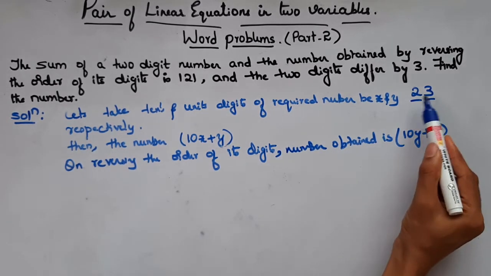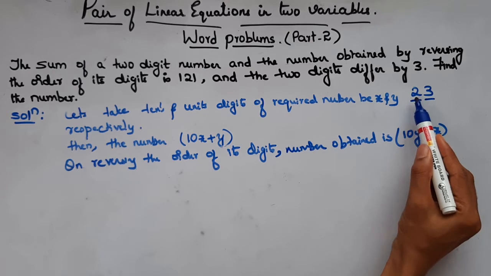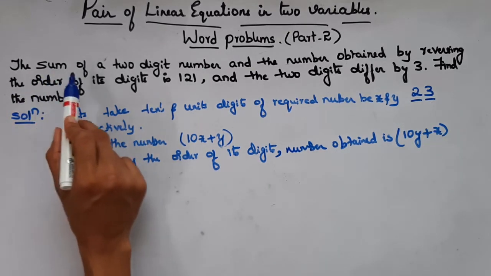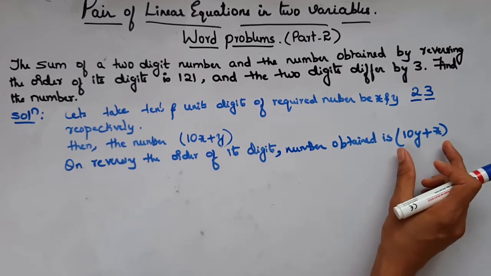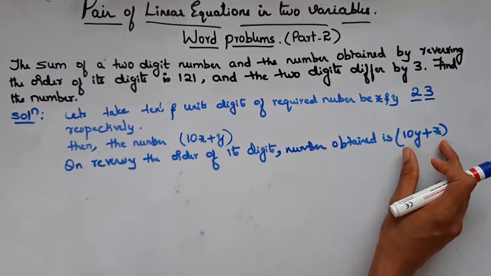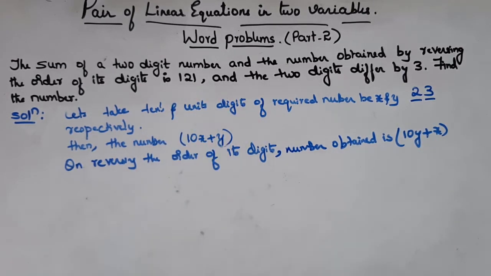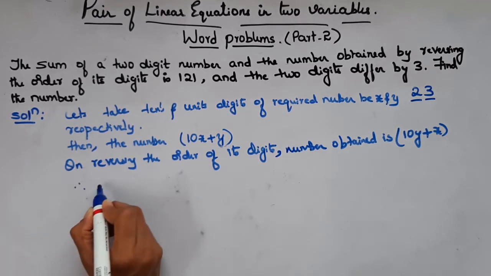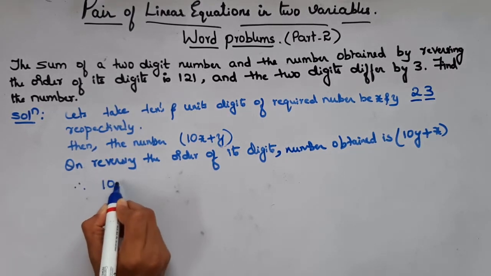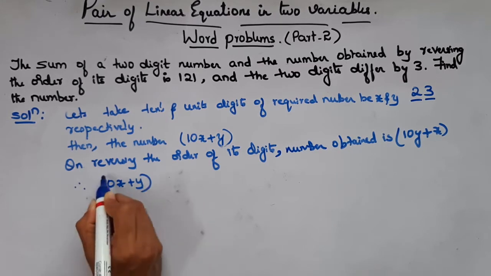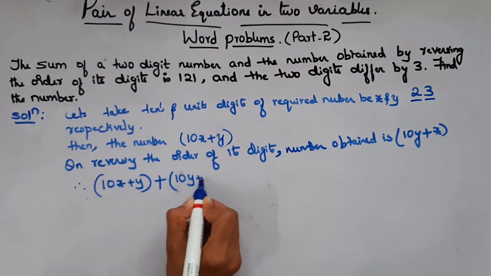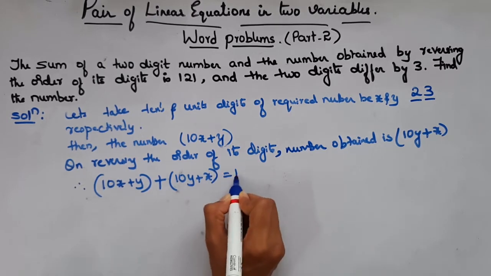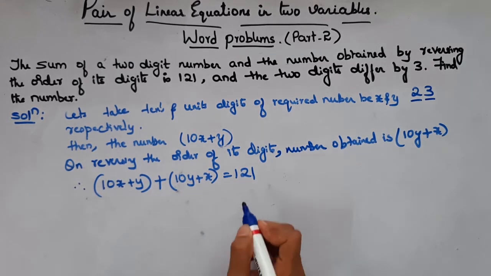In this case, that is 32. The question says the sum of the two-digit number and the number obtained on reversing the digits is 121. So it says 10x plus y plus 10y plus x is 121. I hope you understood this.